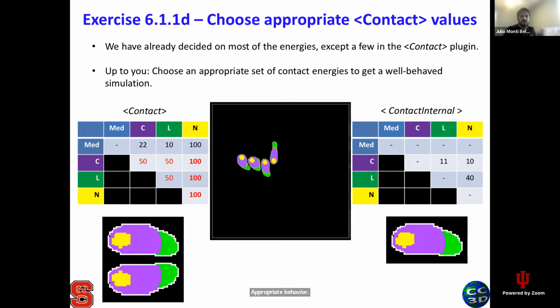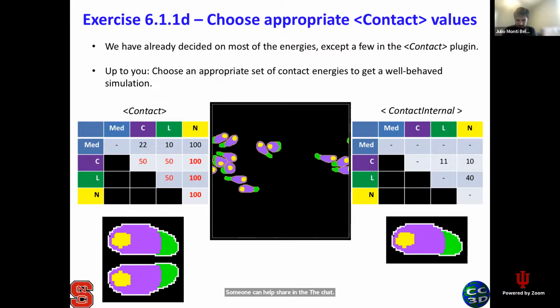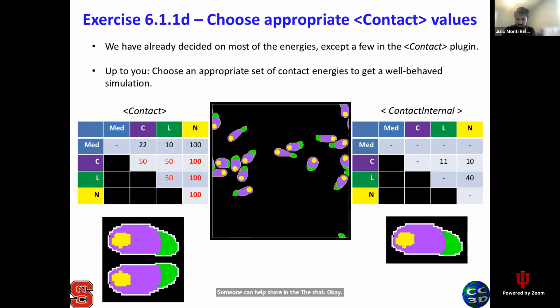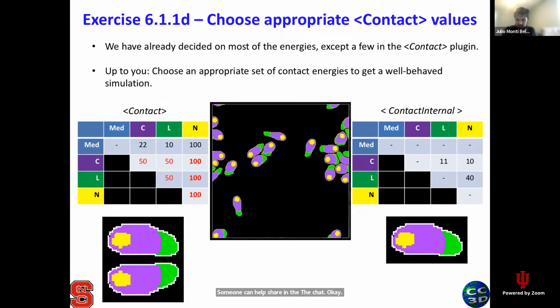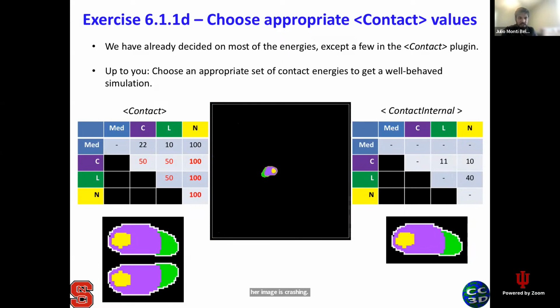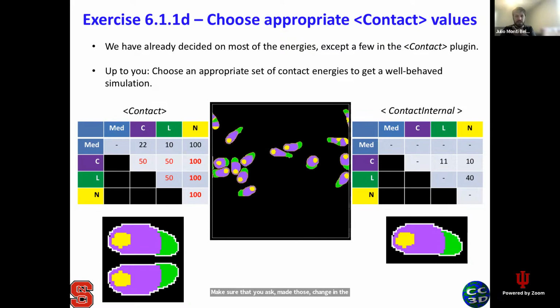Okay. Hopefully someone can help Sharon in the chat, okay, to see why her simulation is crashing. They're still stuck together. Did you use that on the contact plugin or the contact internal? Make sure that you made those changes in the correct place, contact, okay?